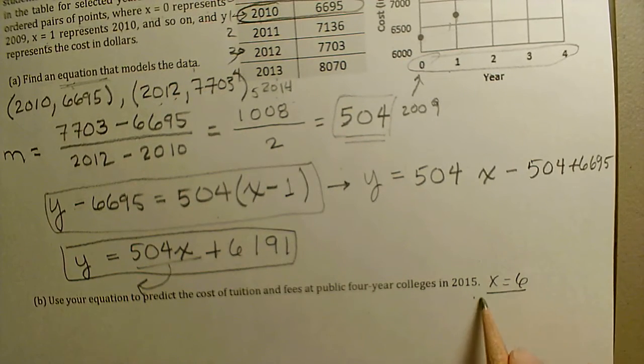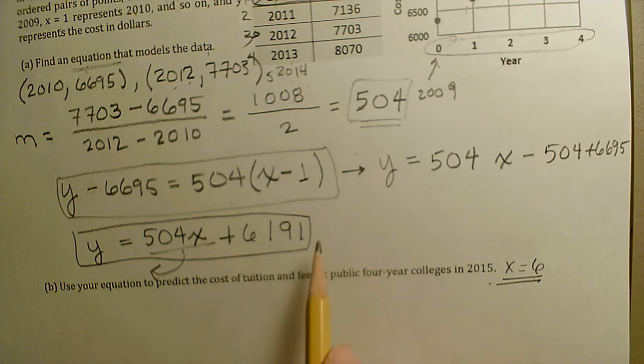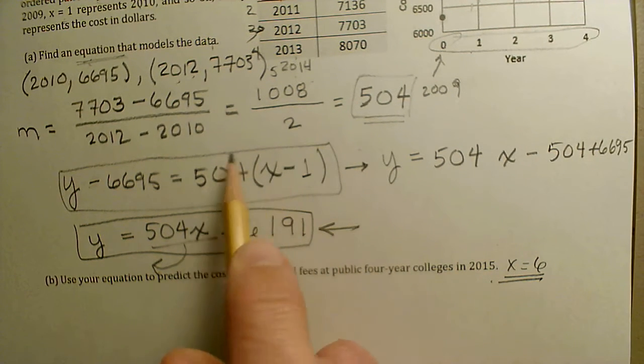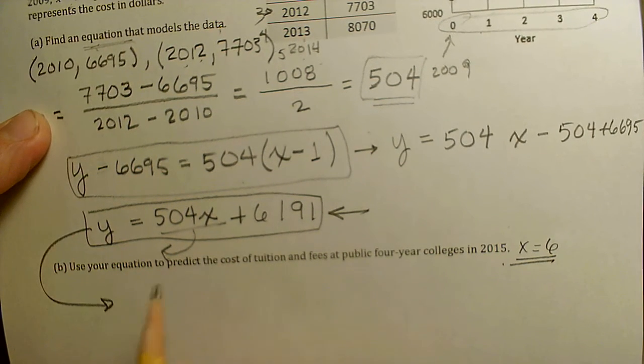So we'll use an x value of 6. We just plug it into any of these equations, and probably this last one is the easiest, since it's already been distributed.